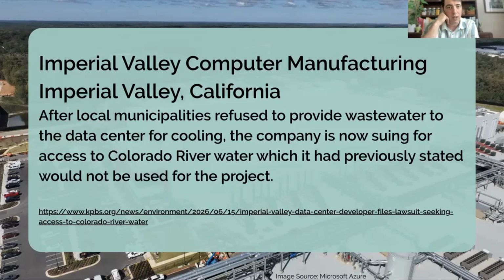So that water is lost. And so what we like to think about is water's best use, right? Pulling from the Colorado River water in an area that has water scarcity, which is supposed to be used for agriculture, for growing food, would not be happening in this situation. So, very, very interesting article to check out.